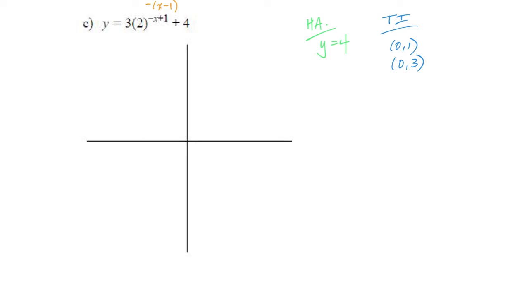Okay, that reflection is going to have no impact on that intercept. I'm on the y-axis, so to reflect my curve across the y-axis means it did not change. I now shift it to the right 1, and now I finish that off by shifting it up 4.